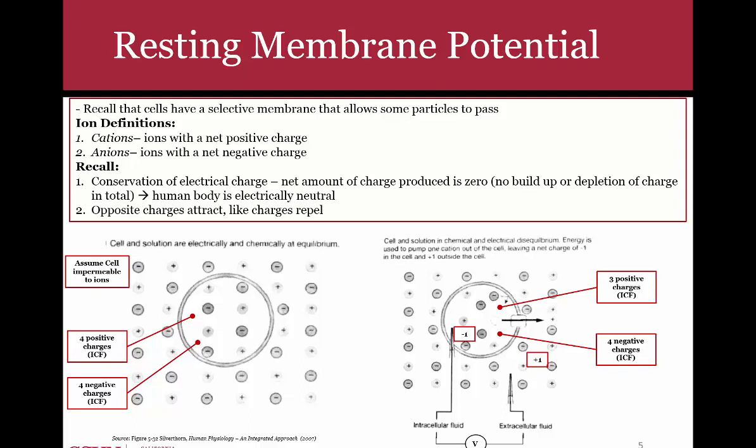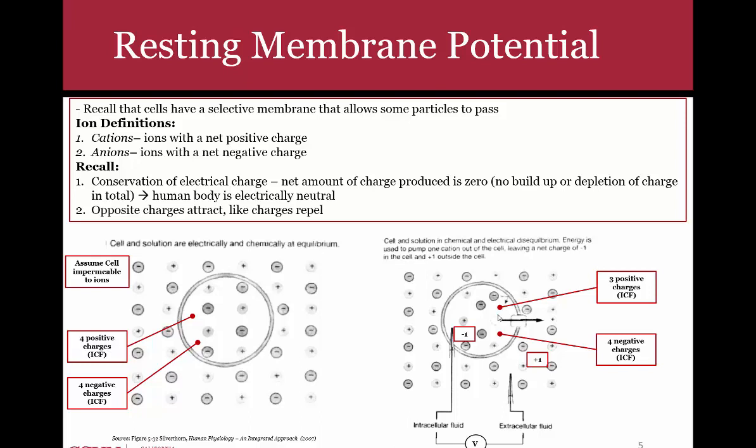Okay, so now let's take a scenario where we have, let's say, a protein that's sitting on the membrane of this cell, and say that protein only lets out one positive charge. Okay, and it just does that, and then that's it. So that creates a scenario that's a little more complicated.